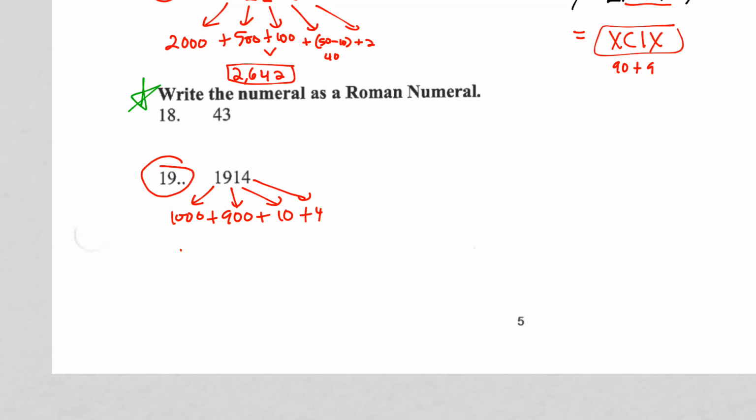So 1,000 is M. 900, we're going to do 1,000 minus 100, so that's CM. 10 is just X, and 4 would be 5 minus 1, so that would be IV. So we put that together.